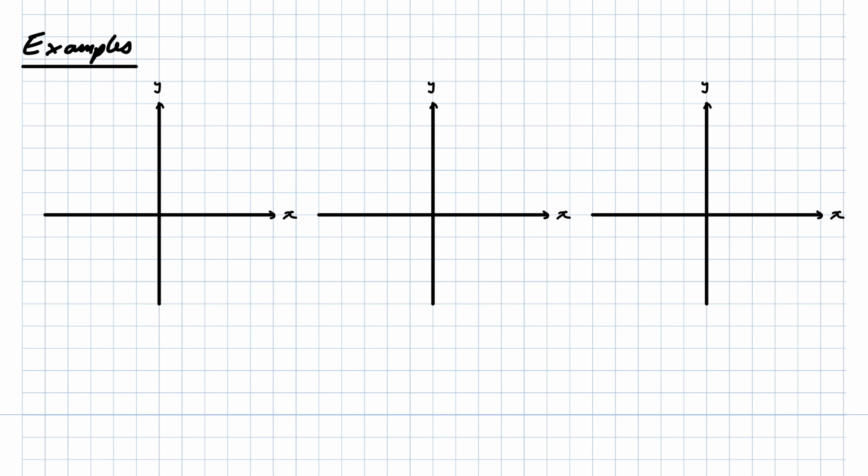So let's do y is equal to a half x plus 2. So it has to go to the point 2 here, that's the y-intercept, and it's got to have slope a half. So that would have to correspond to 2 along and 1 up.